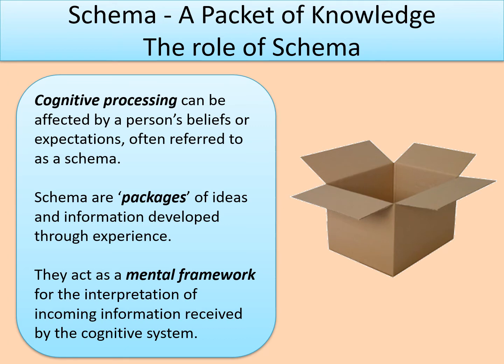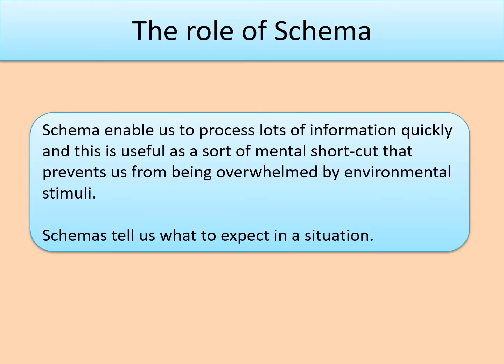So cognitive processing is affected by your beliefs or expectations, which we refer to as a schema. The way you process information is affected by your schemas, by your pre-existing knowledge of that thing. I'm going to explain that a little bit more, or why we use them.